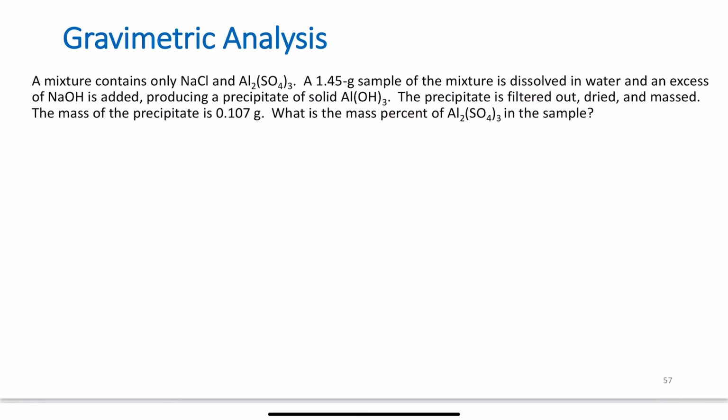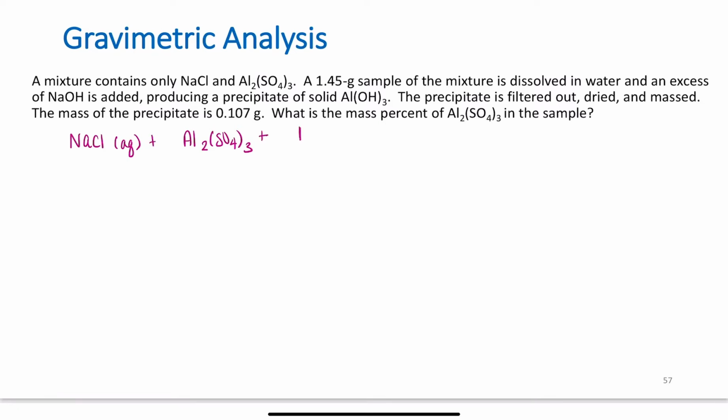First thing I need to do to figure this out is figure out what reaction I have going on here. I need to figure out how many things are reacting in this system. So I know I've got sodium chloride, which is actually just acting as a spectator. But I'm going to include it in here anyway, just for right now. I've got Al2(SO4)3, aluminum sulfate, being reacted in here.